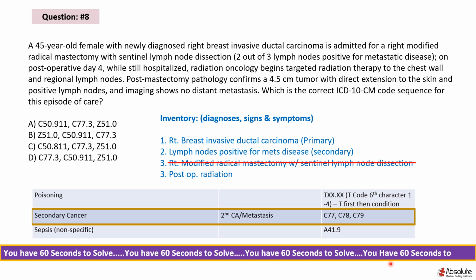So they're going to be like these higher sequencing numbers, as opposed to your primary codes, which are going to be a lower, like a C50. So just a little tidbit to help you all.